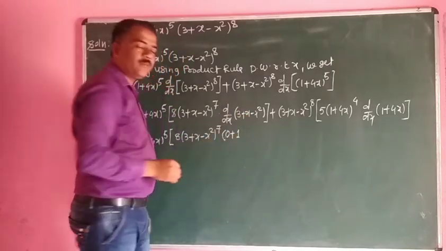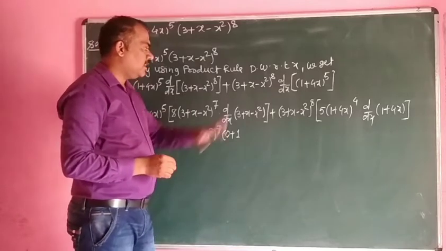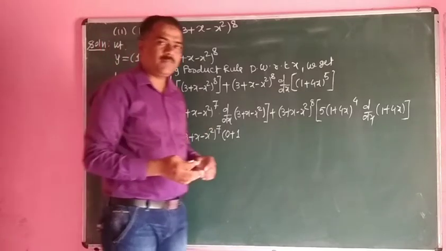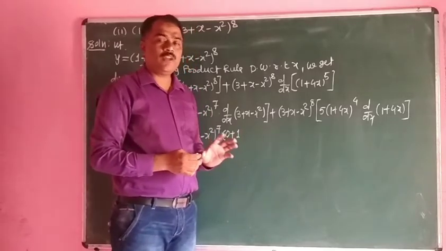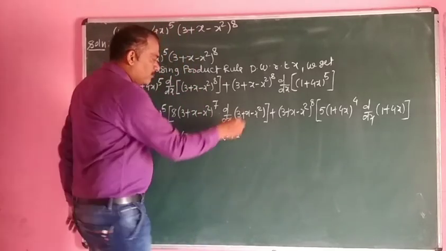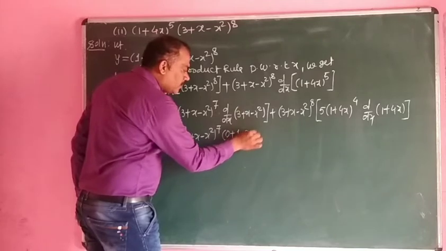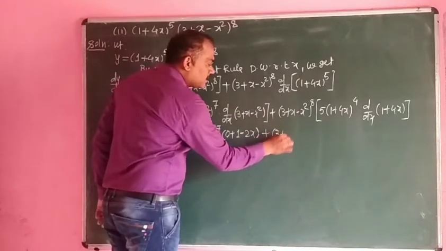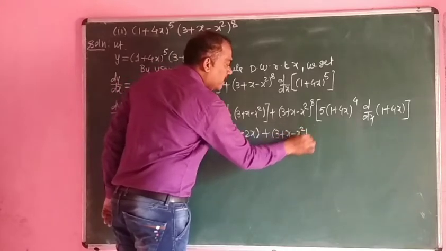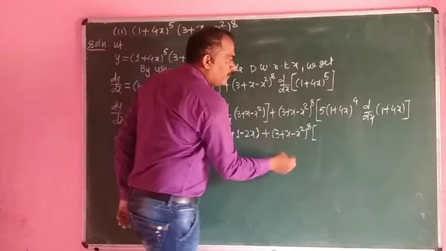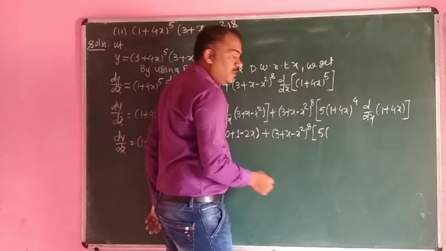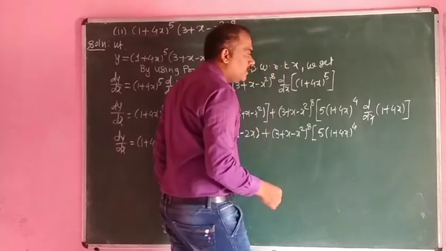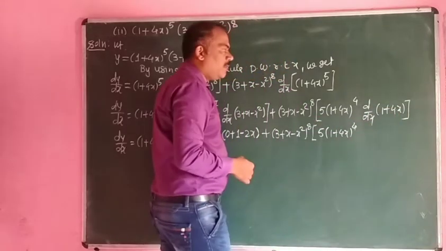In the standard formulas we have to discuss all these formulas; the standard formulas are very important in the topic of differentiation. Then minus, what is the derivative of x square? 2x, and this bracket is complete. Plus (3 plus x minus x square) raised to 8 into 5 into (1 plus 4x) raised to 4. Now we have to take the derivative of 1 plus 4x.